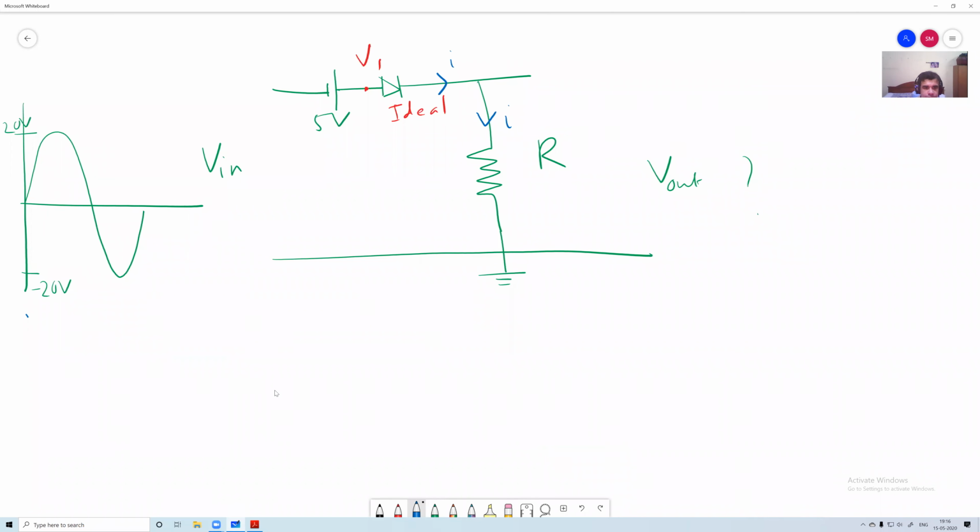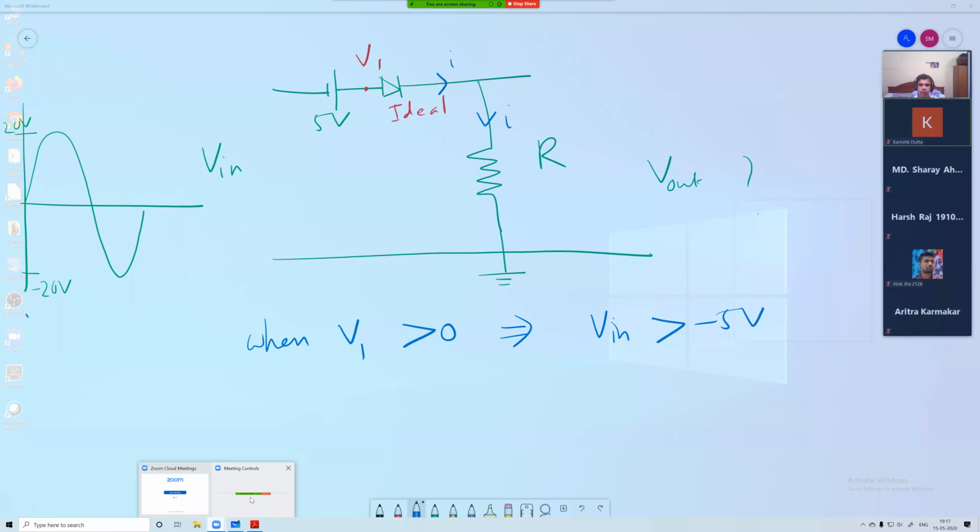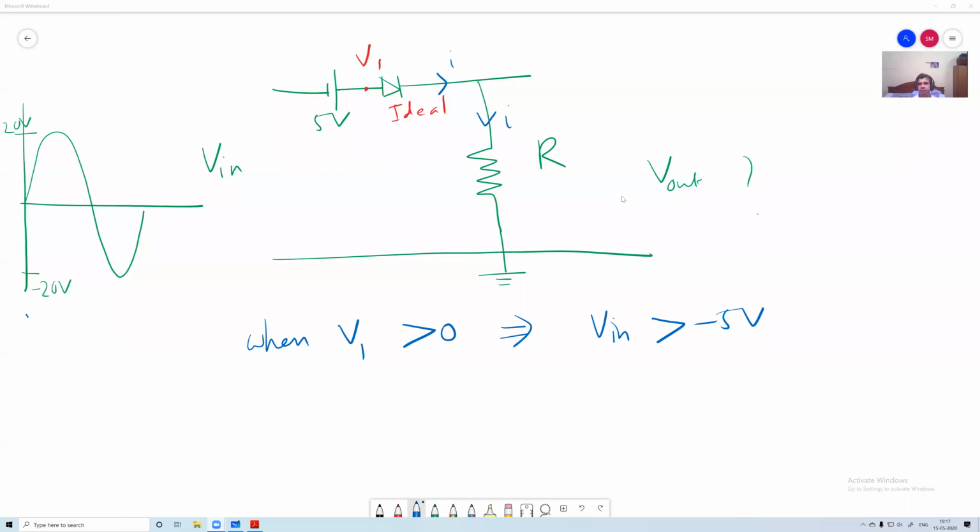So due to space constraint, let us erase this part. Okay. So now V1 is greater than 0 obviously when V in is greater than minus 5 volt, correct? V1 is greater than 0 when V in is greater than minus 5 volt because it's a 5 volt battery.